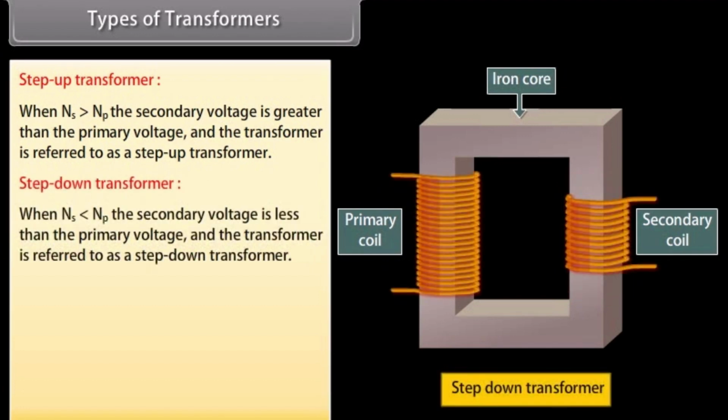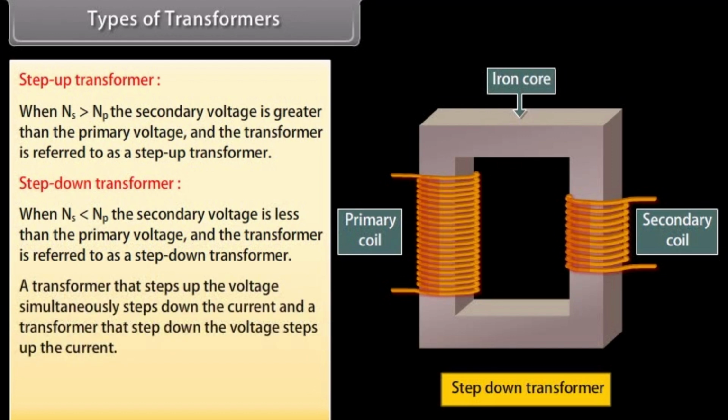When the secondary voltage is less than the primary voltage, the transformer is referred to as a step-down transformer. A transformer that steps up the voltage simultaneously steps down the current, and a transformer that steps down the voltage steps up the current.